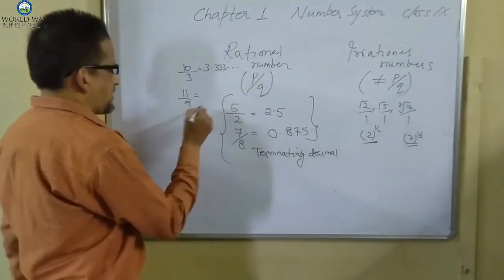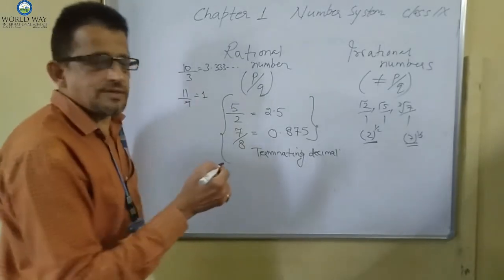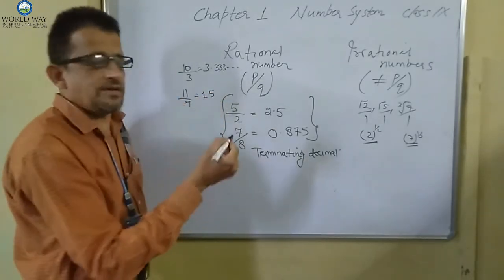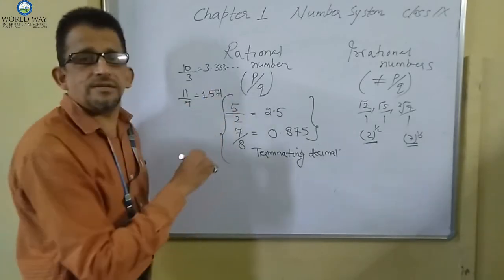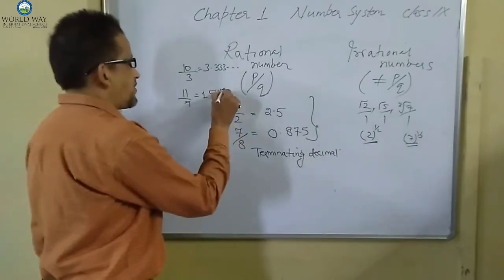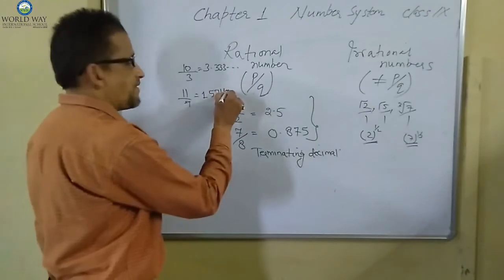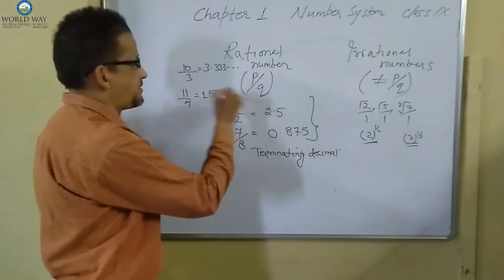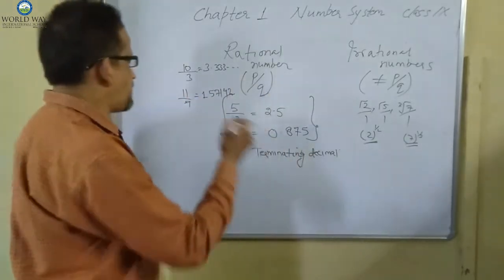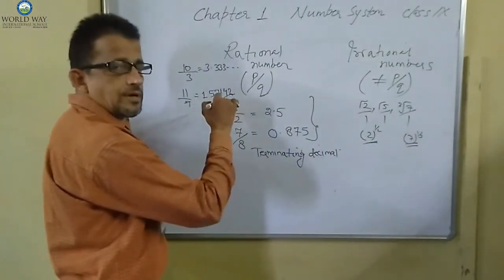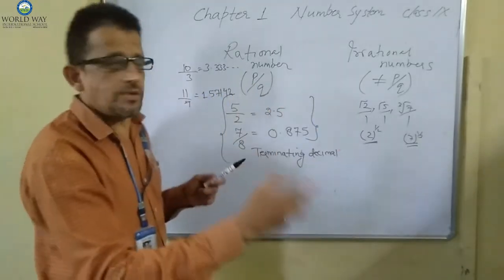When you divide 11 by 7, the answer is 1.57142, and the division continues. After some decimal position, the digits appear in repetition.